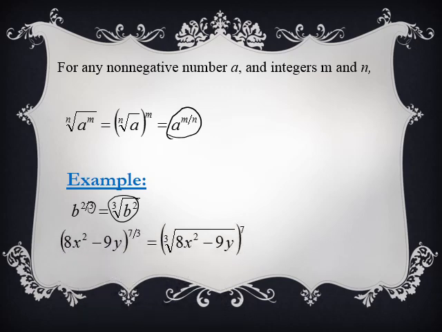Another example: (8x squared minus 9y) all power 7 over 3. So the index is 3 and the power is 7.